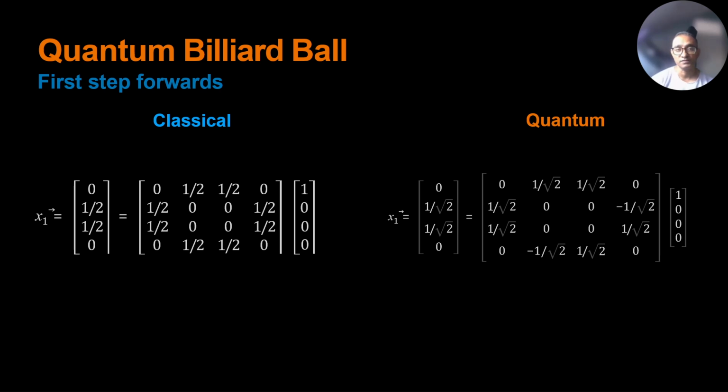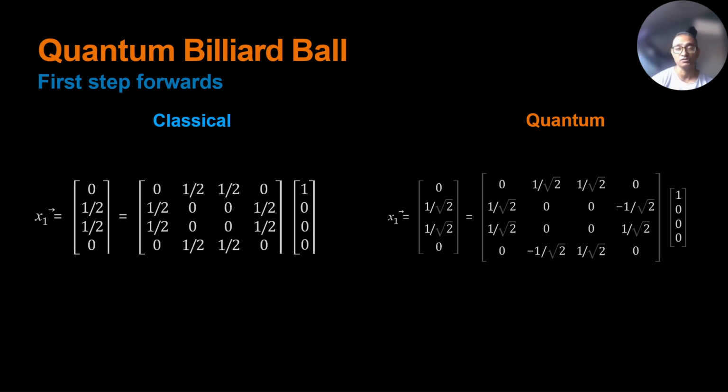Now, let's take our first step. In the classical system, let's assume we start from a position where the ball is at vertex 1, which is represented by the vector 1, 0, 0, 0. We apply the operator and reach a state represented by 0, 1/2, 1/2, 0, which means the ball has moved, and the probability of finding it is at vertices 2 and 3.